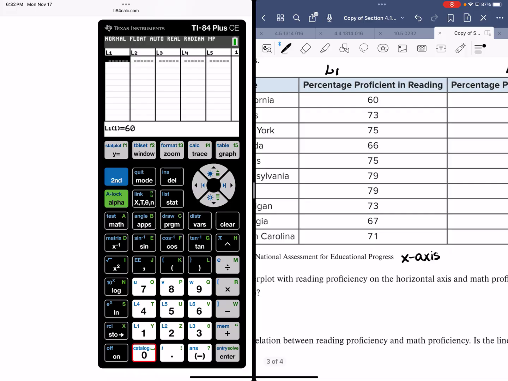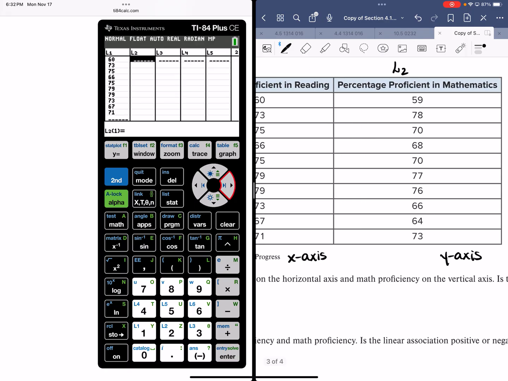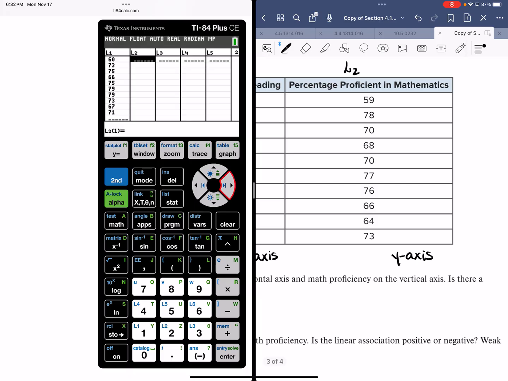See, y'all are over there beating me. 73, 75, 66, 75, 79, 79, 73, 67, 74. Okay, then I'm going to go over here, and in L2, I'm going to put my math percentages.